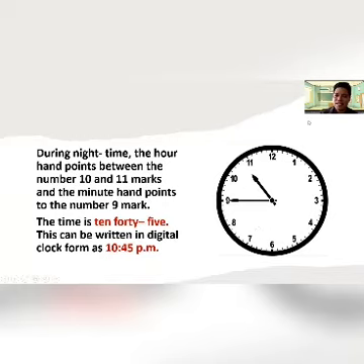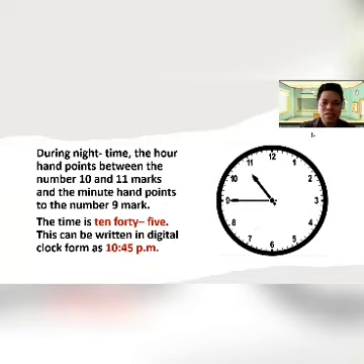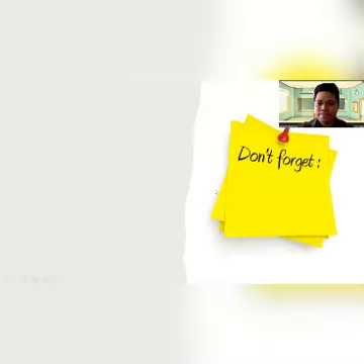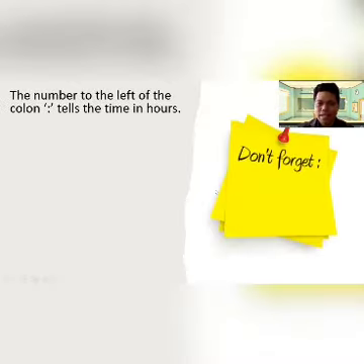All right. So remember, class, that during nighttime, the hour hand points between the number 10 and 11 marks, and the minute hand points to the number 9 mark. In this case, you will call it 10:45. And this can be written in digital clock form as 10:45 p.m. And don't forget, the number to the left of the colon tells the time in hours.